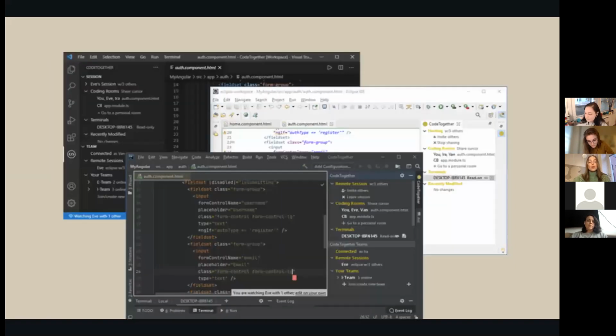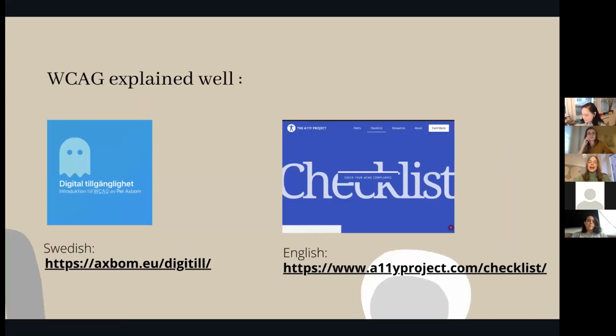So we might sit together with developers and look at the code to see if we really have everything in check. Unfortunately, I can't share my checklist with you, but I have two WCAG sites that I really recommend. One is in Swedish from Per Axbo, and the other is the English one, the A11y Project checklist.